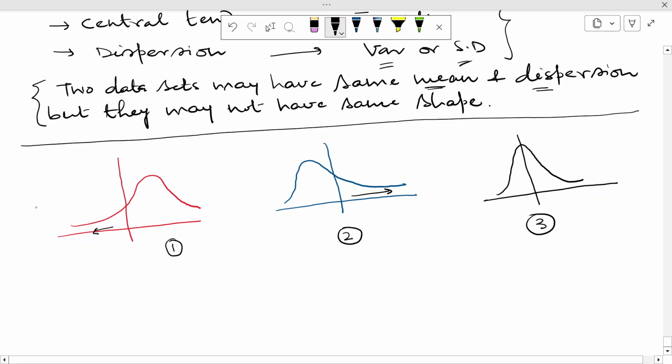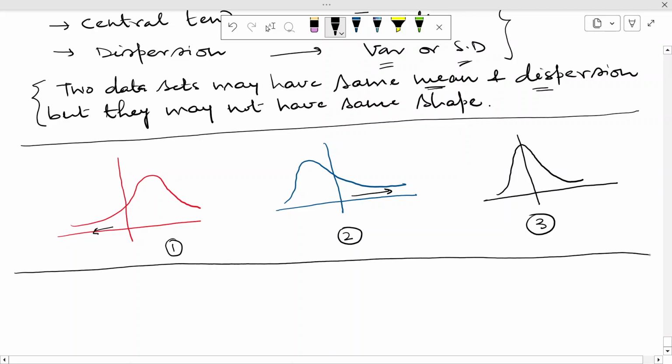So there is something missing, some extra characteristic we have to study in order to get some idea about what type of shape the data will take when we plot this frequency figure.